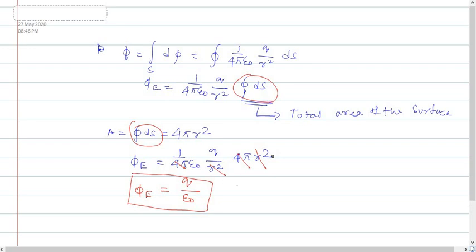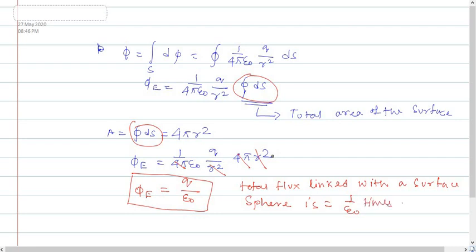So that means you can write that the total flux linked with a surface, here we are considering a sphere, is equal to 1 by epsilon naught times the charge enclosed.